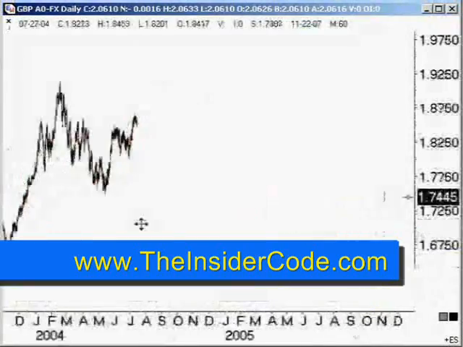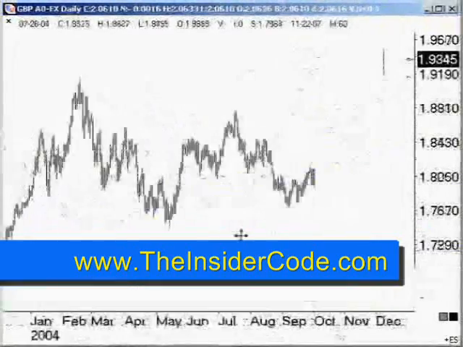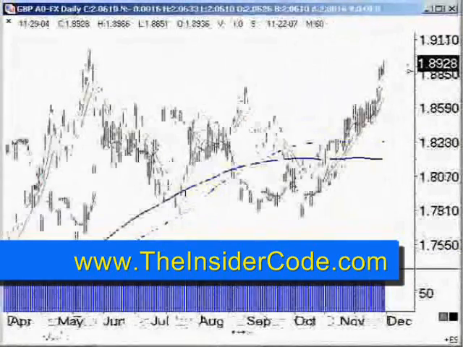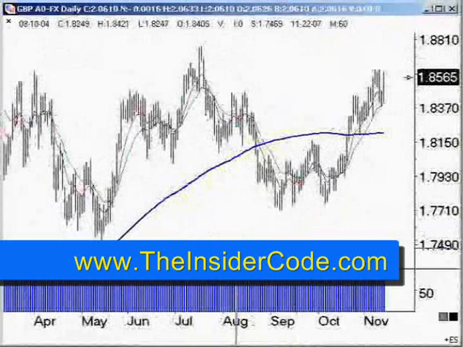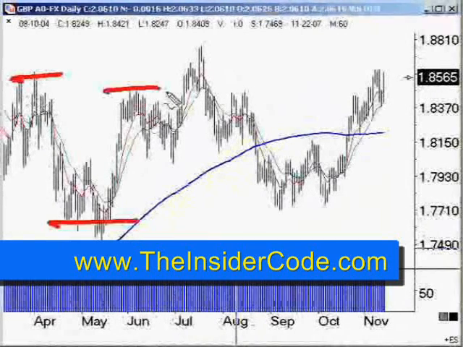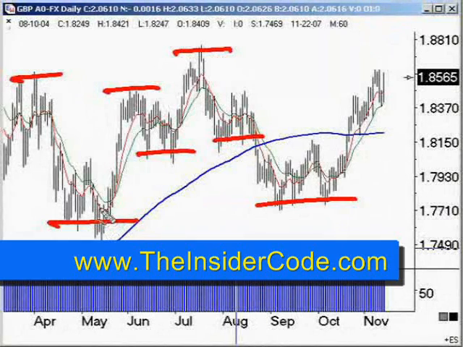Now I'm going to zoom in on a couple of areas here. Now I want you to look at the moves here. I mean, they're pretty big. You've got several hundred pips in here from top to bottom, but there really isn't much of a trend.